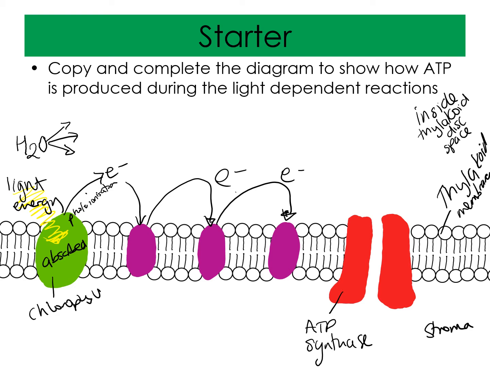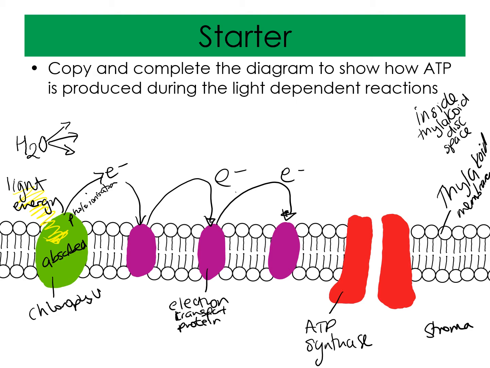Okay, so now what happens to the electrons? Well, they move down the electron transport chain by a series of redox reactions. Okay, so you may have labelled up these purple blobs as electron transport proteins.